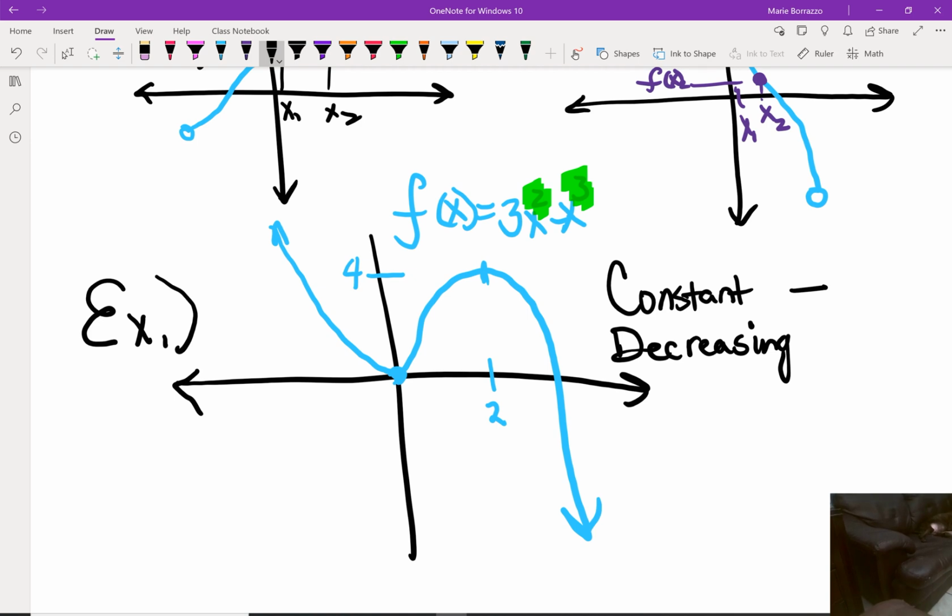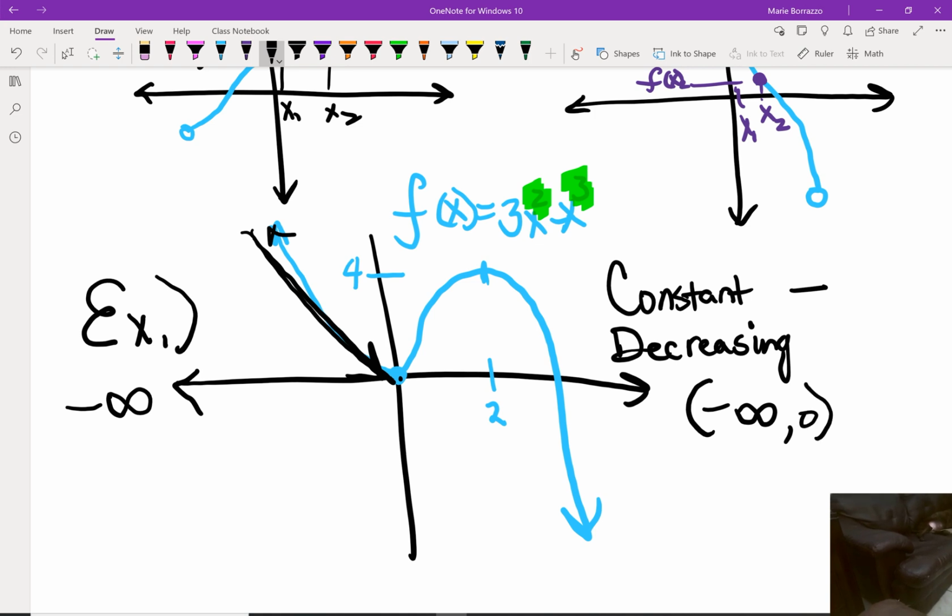If I look at this, it's coming from infinity. I can also say that the function here is decreasing going in this direction. Remember, we're talking about domain, so it's coming from negative infinity on the domain, because negative infinity is sitting over here, and it's coming down towards 0.